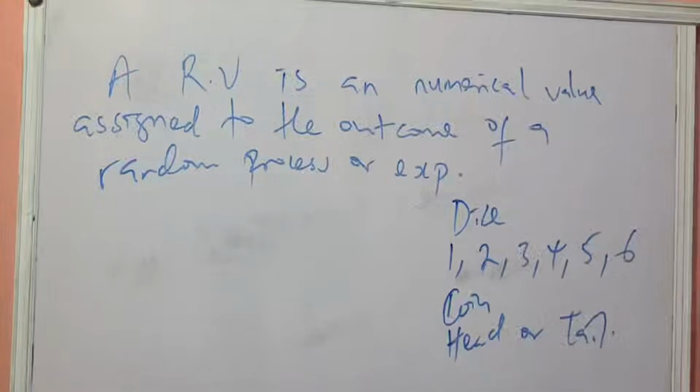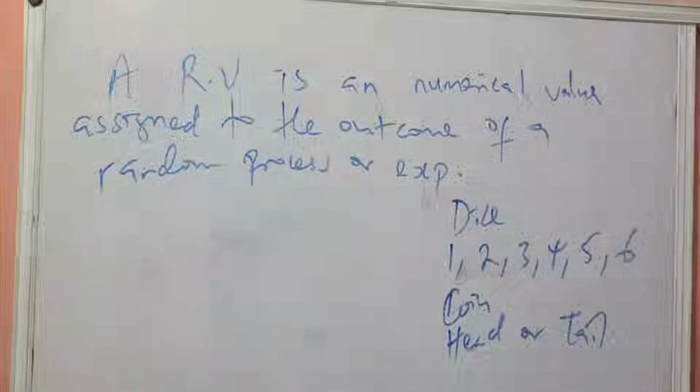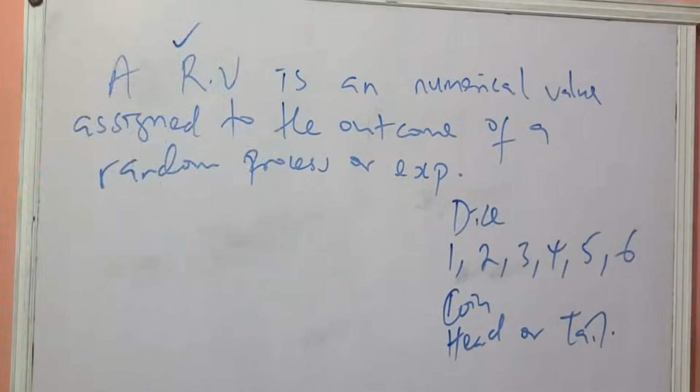And every probability will always have to do with random experiment. So when we say random variable, the random there stands for the fact that we're dealing with a random experiment, all right? So random here is because we're dealing with random experiment.